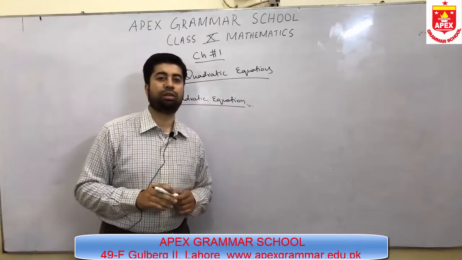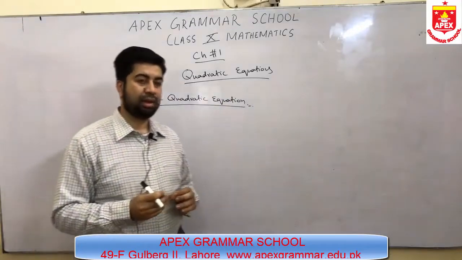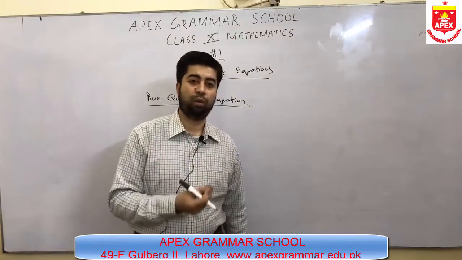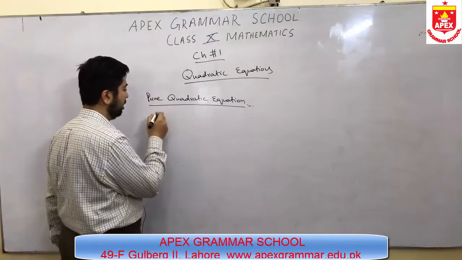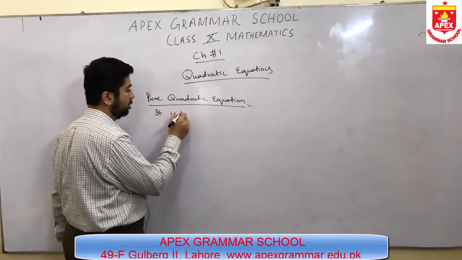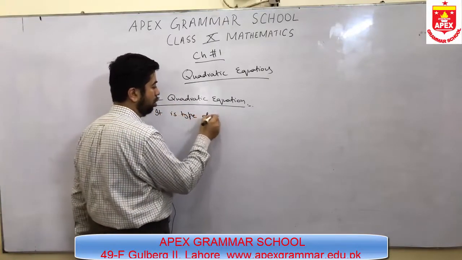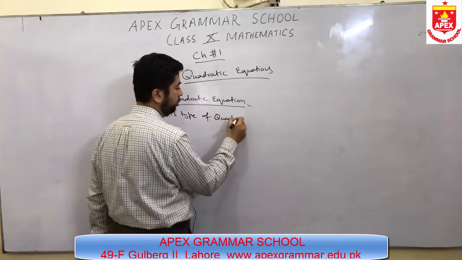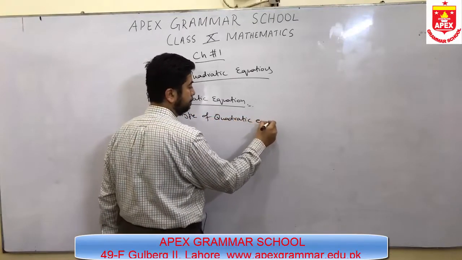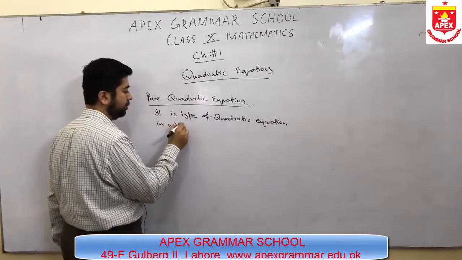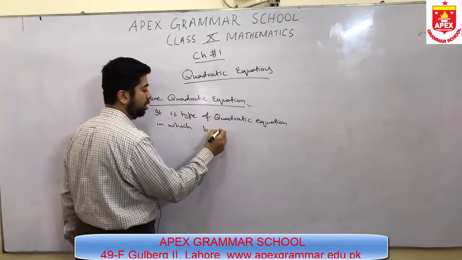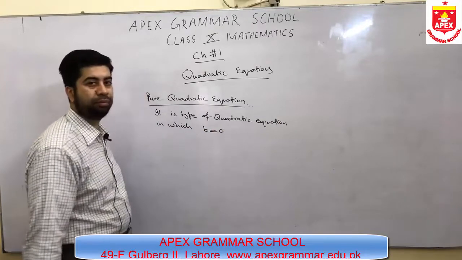A pure quadratic equation is the pure type of quadratic equation which contains a minor difference, that is, it is the type of quadratic equation in which b is equal to 0.